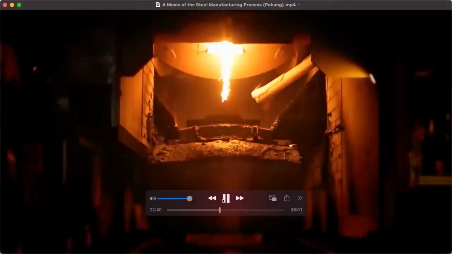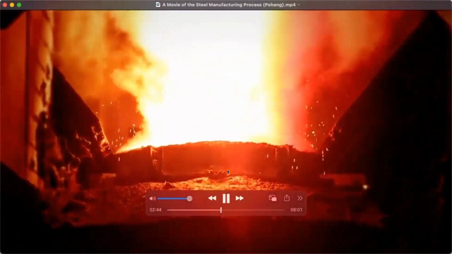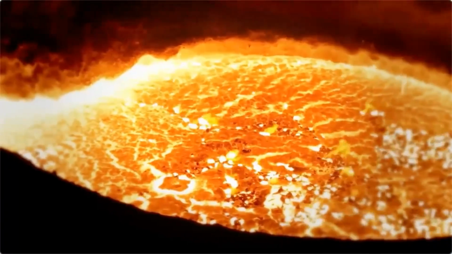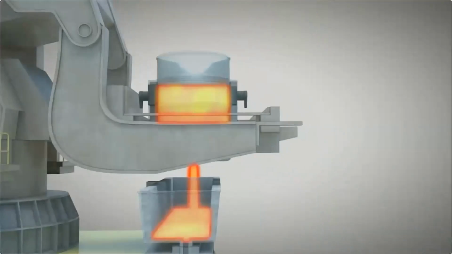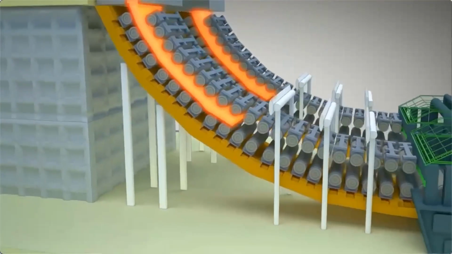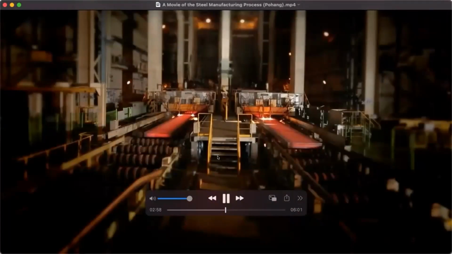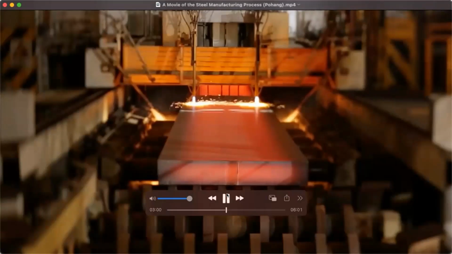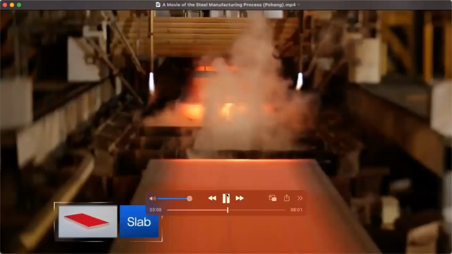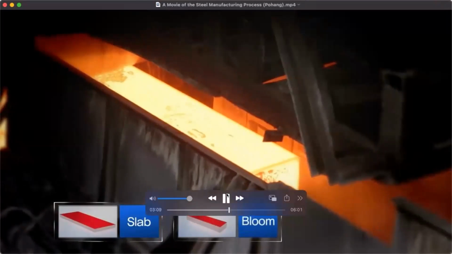Create purified molten steel. At this point, the temperature and substance composition of the molten steel is precisely adjusted according to the customer's various demands. Pouring the molten steel into molds and cooling it into solid steel creates a semi-finished material made into finished steel products. The solid steel is categorized depending on its shape. Slabs are wide and flat.